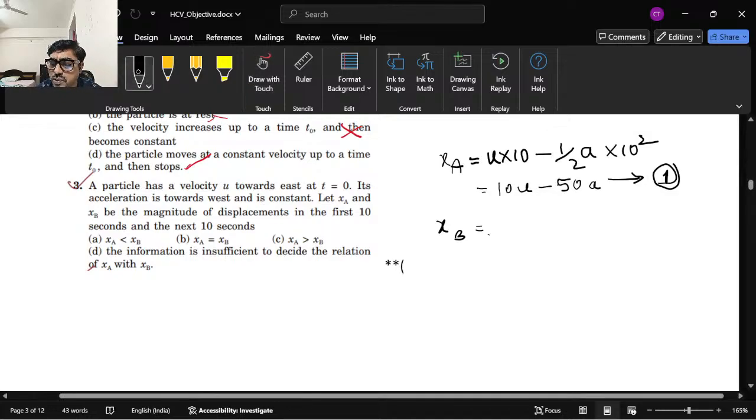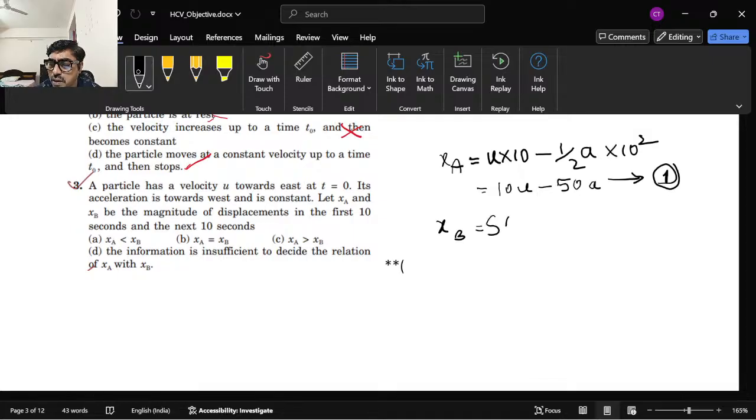Displacement from 0 to 20 seconds, minus displacement from 0 to 10 seconds. 10 to 20 I require, no? First you calculate 0 to 20 total. Out of that, 0 to 10 you remove it. You will get xb there.